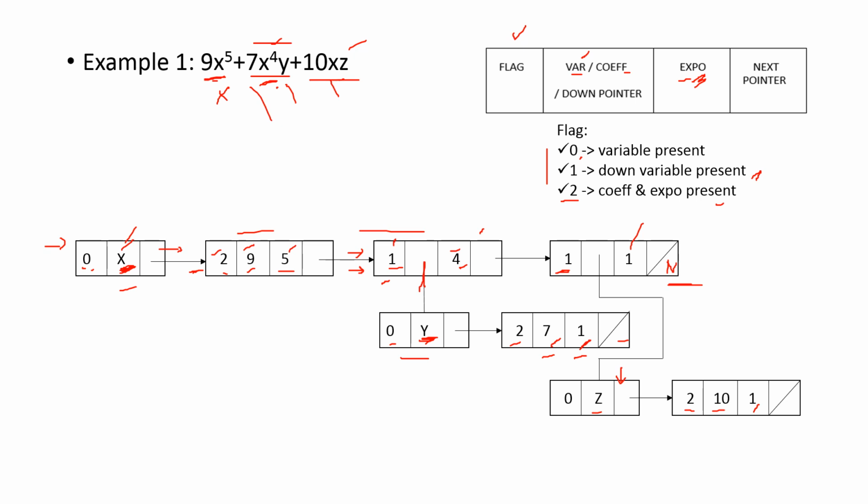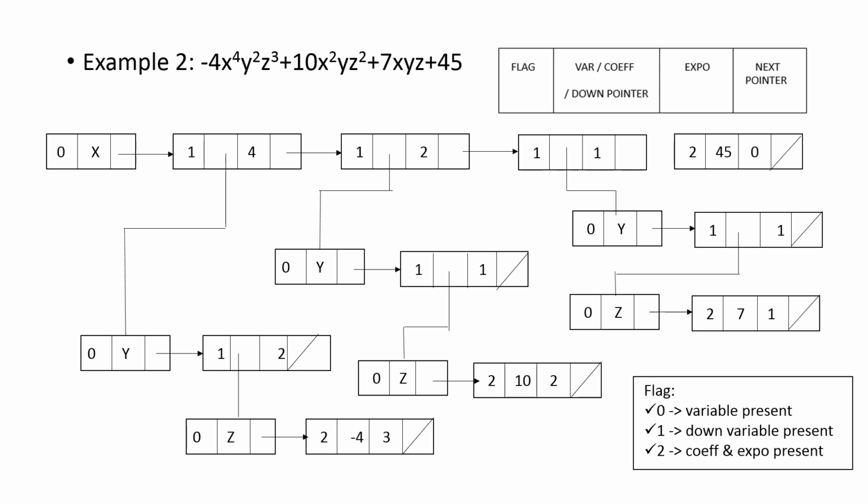Now let us go to some other example. Minus 4x power 4 y square z cube plus 10x square yz square plus 7xyz plus 45. See the same node thing and the flag representation.